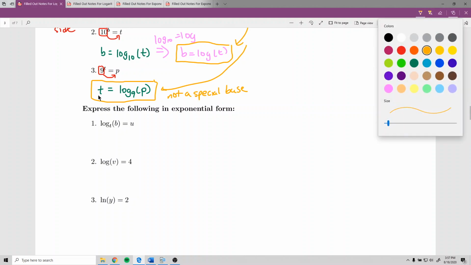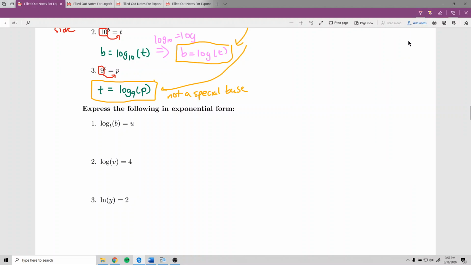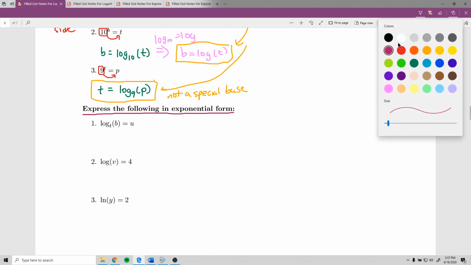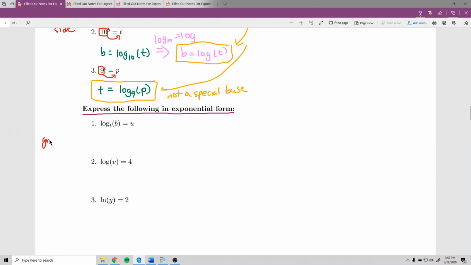Right, so the following three we want to express in exponential form. We're starting in log form. But we do exactly the same thing. We grab the base and move it to the other side on all of these. So the first one here, we have our base of t, we move it to the other side.